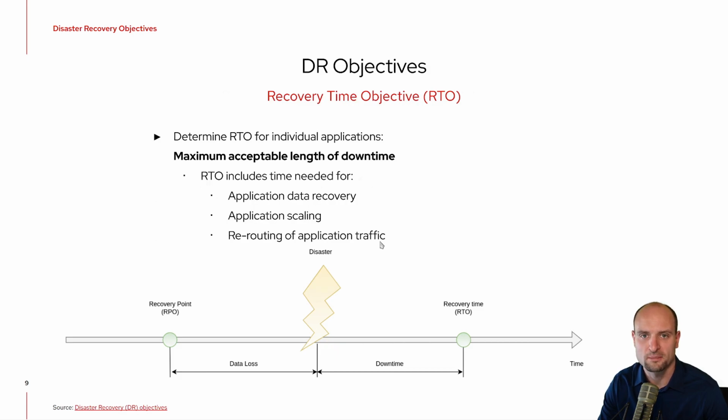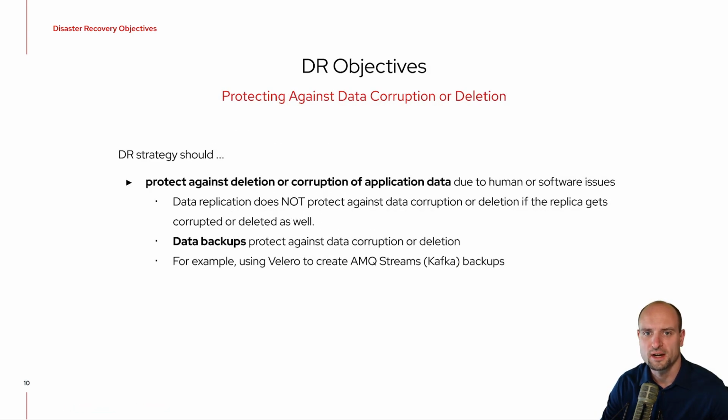The next disaster recovery objective we had was that we wanted to protect our applications against data corruption or accidental data deletion. These kinds of disasters can happen, for example, due to a software bug where the new version of the application starts corrupting the data, or it can also happen due to a human error.